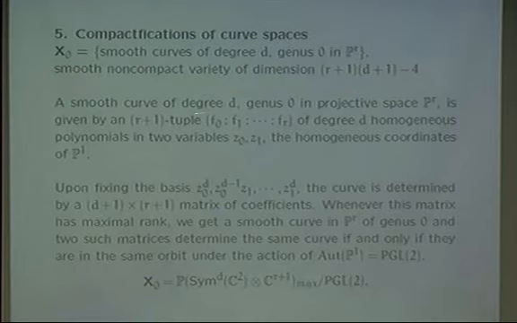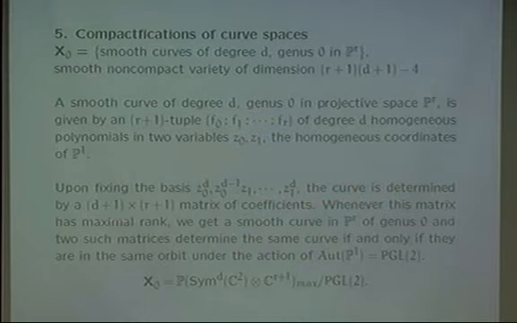Because a smooth curve of degree d, genus 0, in projective space is given by a map from P1 to Pr. Genus 0 means that the domain is P1, so P1 to Pr. That's given by an (r+1)-tuple of degree d polynomials, f0, f1, ..., fr, in 2 variables. If you fix a basis of the space of all degree d homogeneous polynomials, then the smooth curve is determined by a matrix of coefficients.